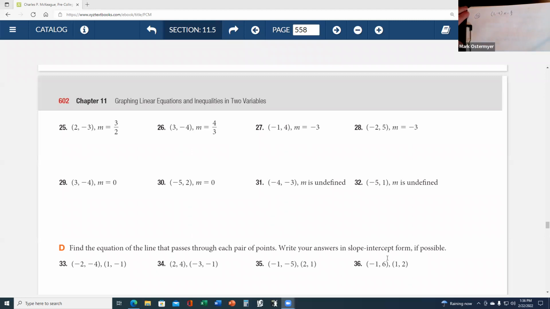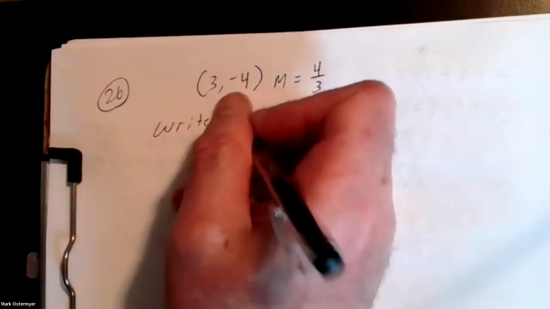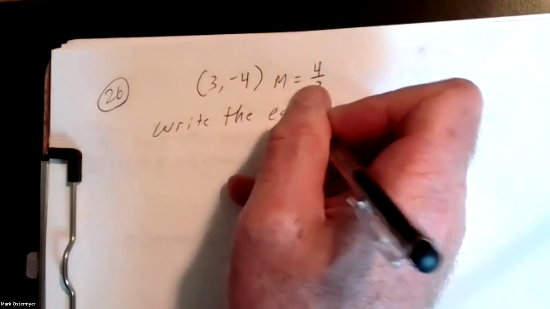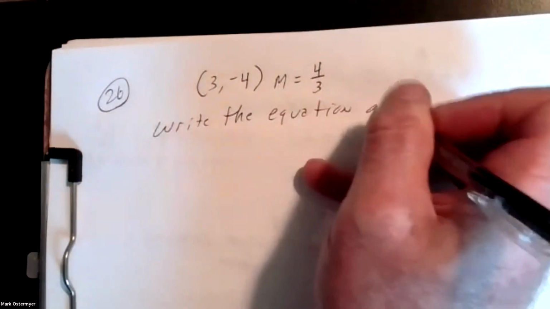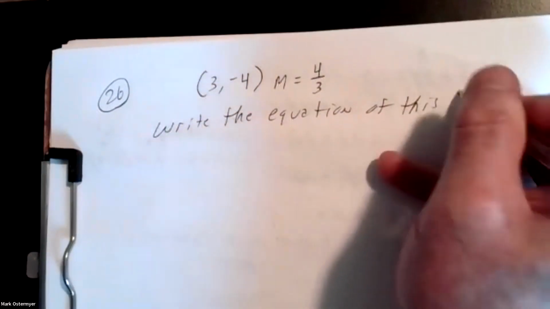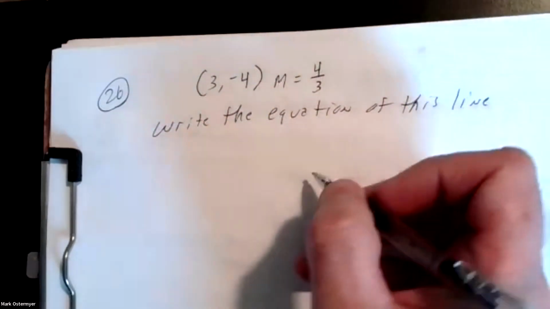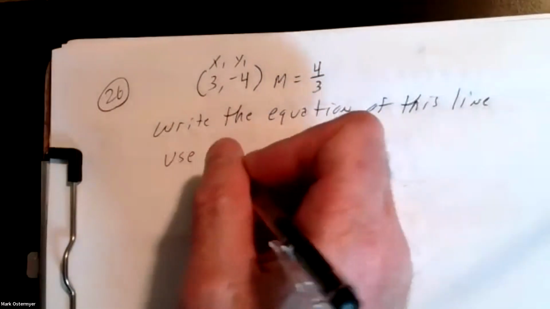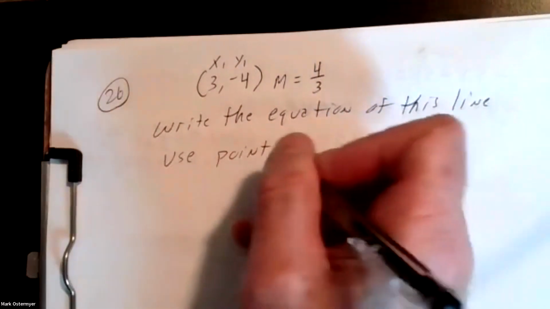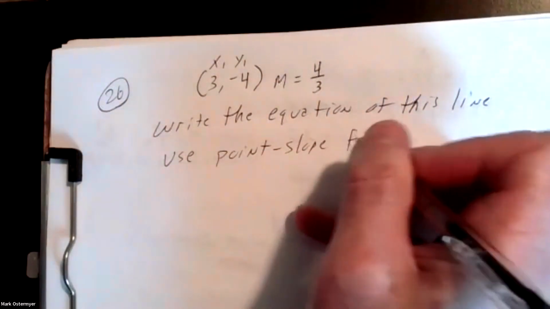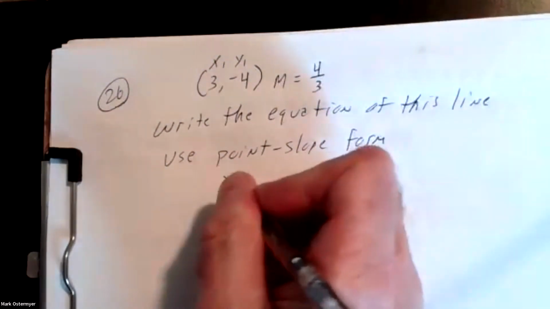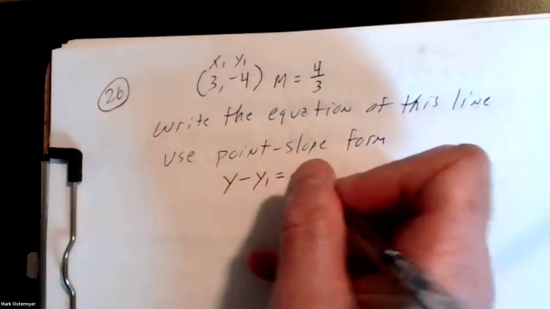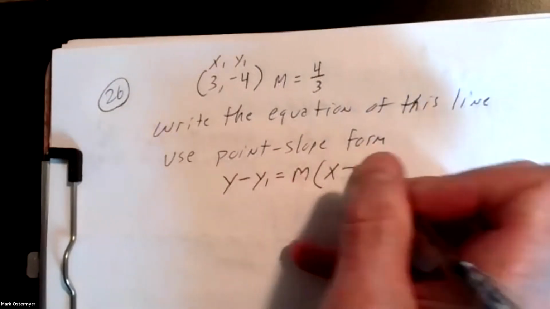And what we need to do is write the equation of this line. To do that, we'll call this point x1, y1, and we know our slope. We will use the point slope form to get us started here. And that's y minus y1 is equal to your slope m times x minus x1.